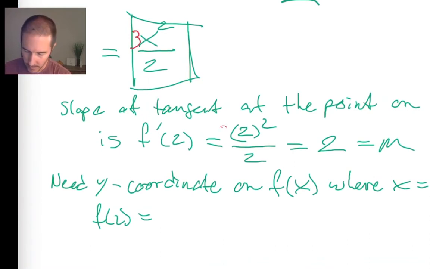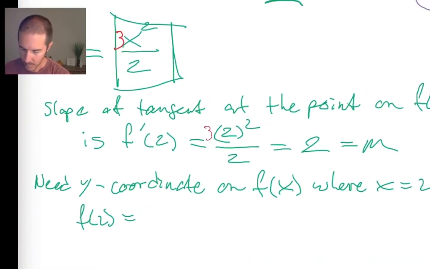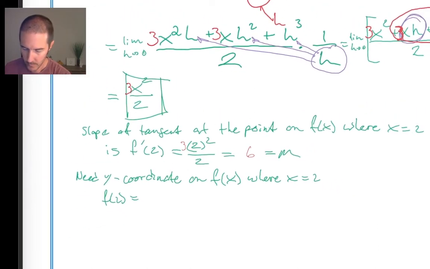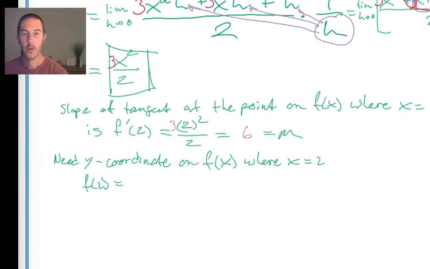So this needs to have 3 in front of it. And 3 times 2 would make 6, which means that this 2 right here now needs to be a 6. That was a close one.